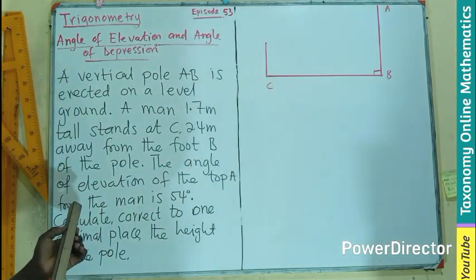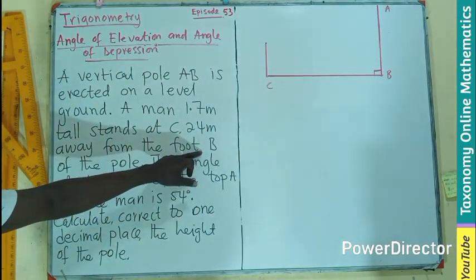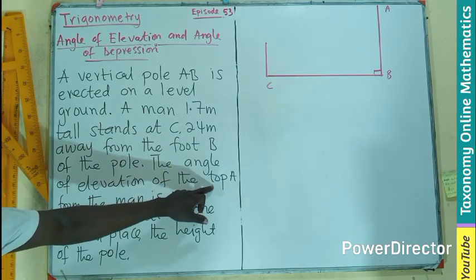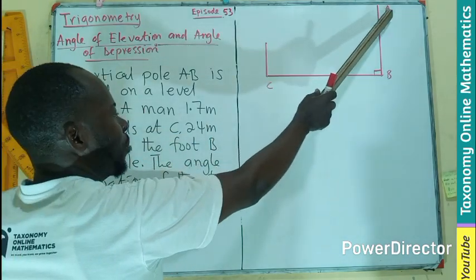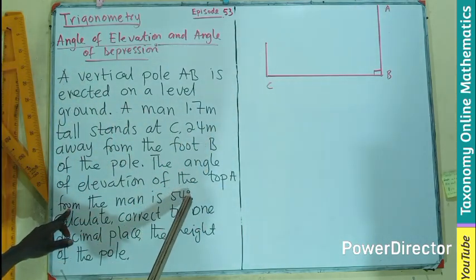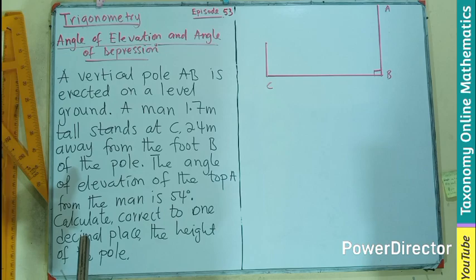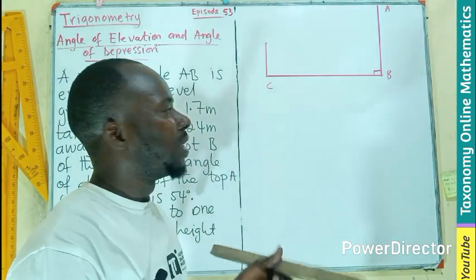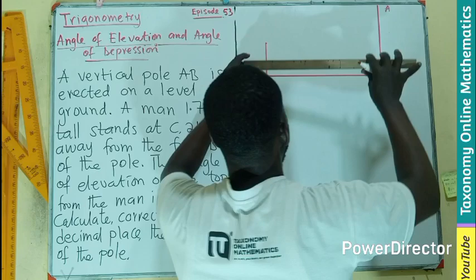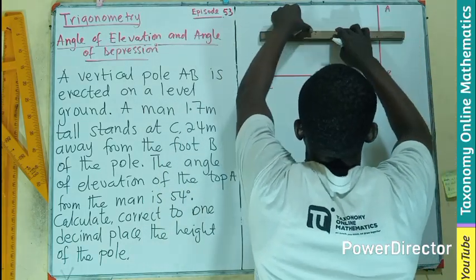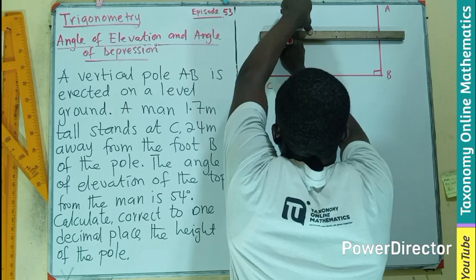From the foot B, the angle of elevation of the top, which is A, the top of the pole, from where the man is, is 54 degrees. Remember, angle of elevation is formed above a horizontal line. When a man stands here, he should have an eye level.